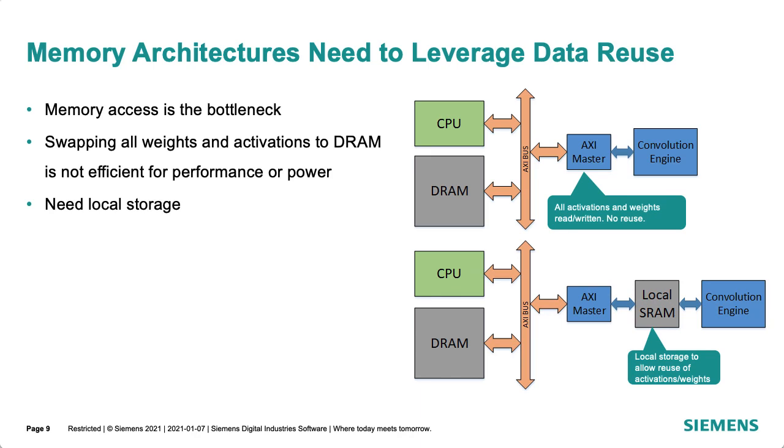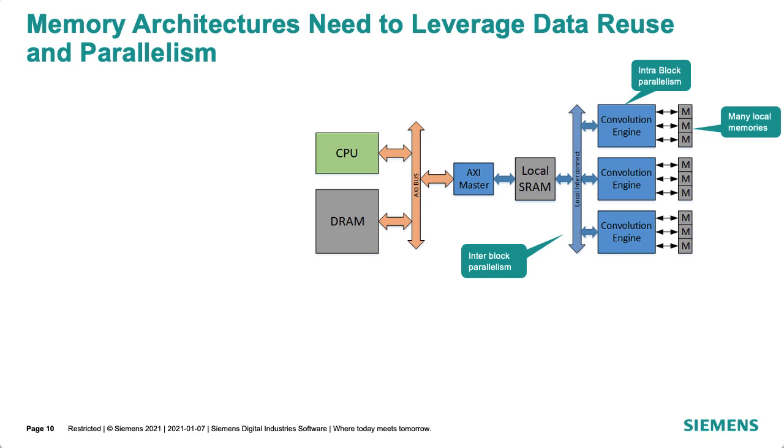Most efficient implementations will need some type of local storage or on-chip caching in order to reduce memory traffic, as well as reduce power. Furthermore, RTL verification can take a very long time when trying to verify machine learning algorithms implemented in hardware because of the massive amount of data and weights that need to be processed.